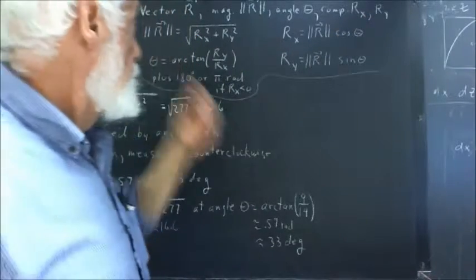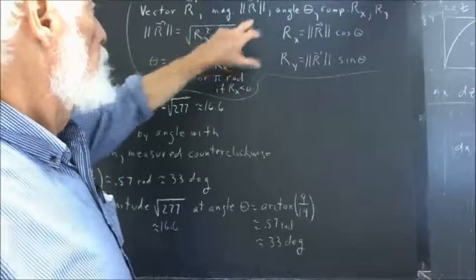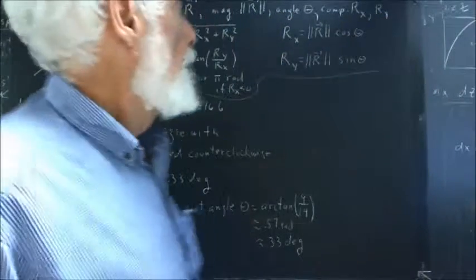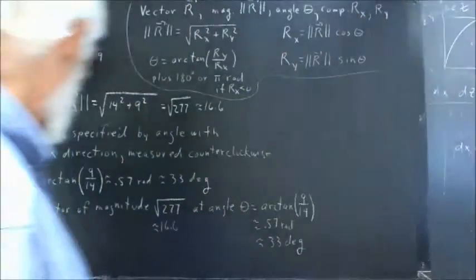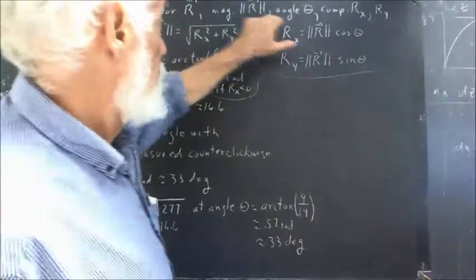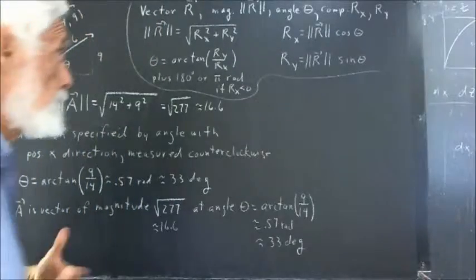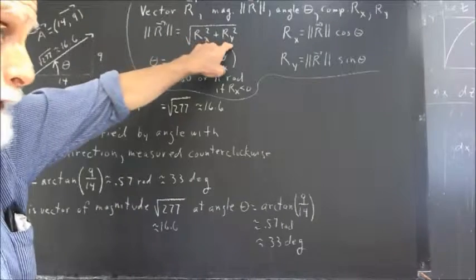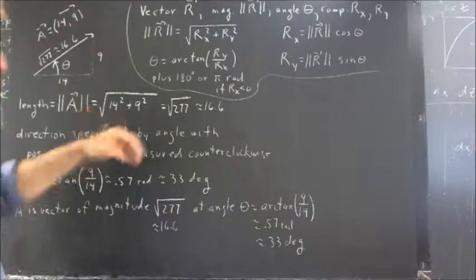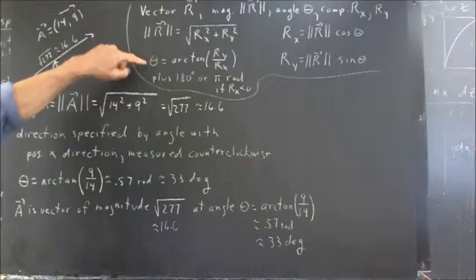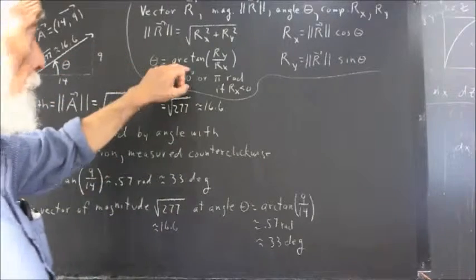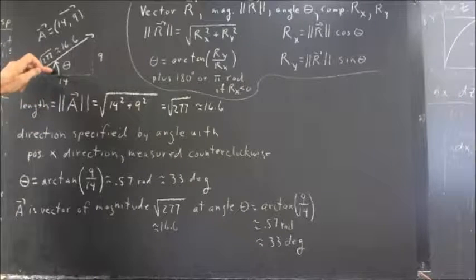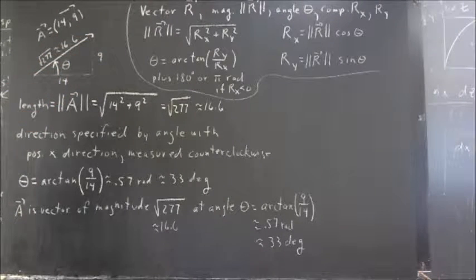And as we've seen, we can specify the vector either by its magnitude and direction or by its components. And if we know the components, we can easily calculate the magnitude and the direction. Now the rules are straightforward. The magnitude is calculated just using the Pythagorean theorem. That should be very straightforward and obvious. The angle is calculated using the arctangent of the y component over the x, because the tangent of this angle is the y component divided by the x component.